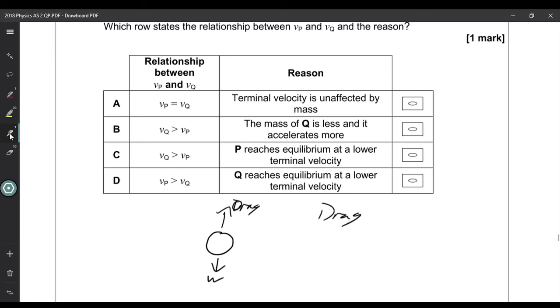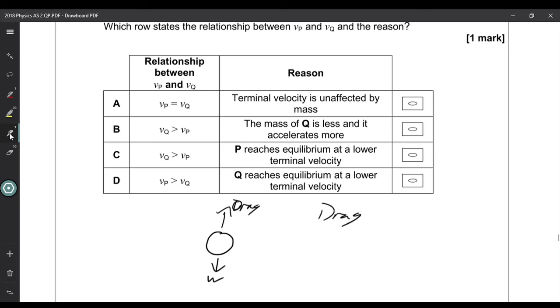So in this case, because we're told that P has a greater mass, it's going to have to reach a greater velocity to get the amount of drag that will equal the weight.